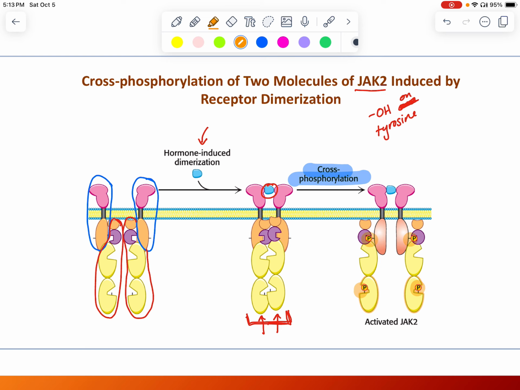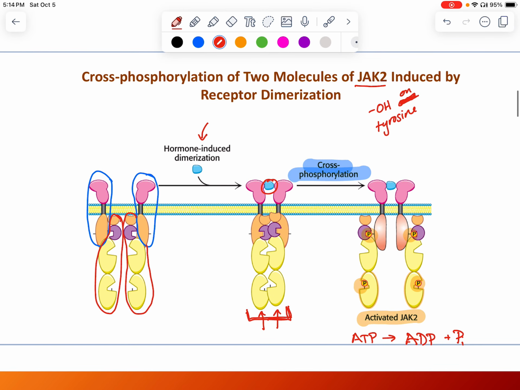But now that these are activated kinases, they can take ATP and break it apart into ADP and the phosphate, where that phosphate is going to be bonded to some molecule in the cell that turns on or off some other regulatory pathway.